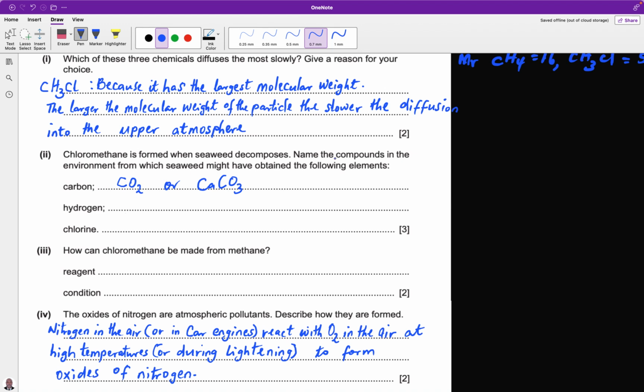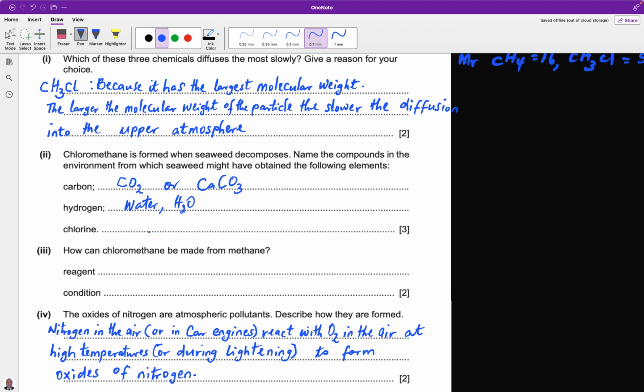Now, hydrogen. Where do you think the seaweed might have obtained the hydrogen? They can only obtain hydrogen from water. Chlorine.